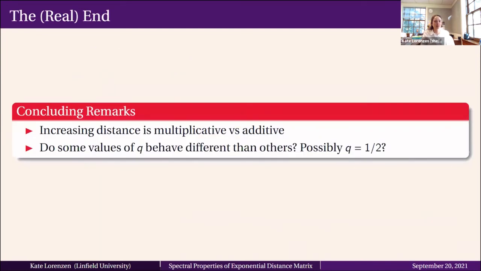Okay, so just some concluding remarks. One thing I really like about the exponential distance matrix, and I like working with it, is this multiplicative nature. When I had that characteristic polynomial and I said, since I'm taking my determinant, I can use these row operations. And those work really nicely because if I want to increase my distance, I am multiplying a column of the matrix by a value instead of adding a 1 to it.